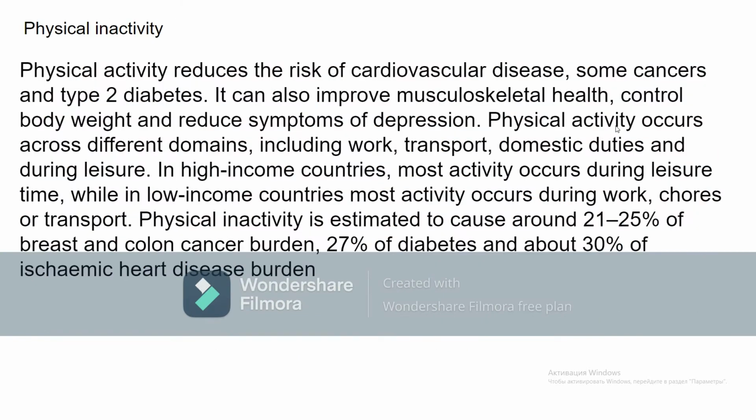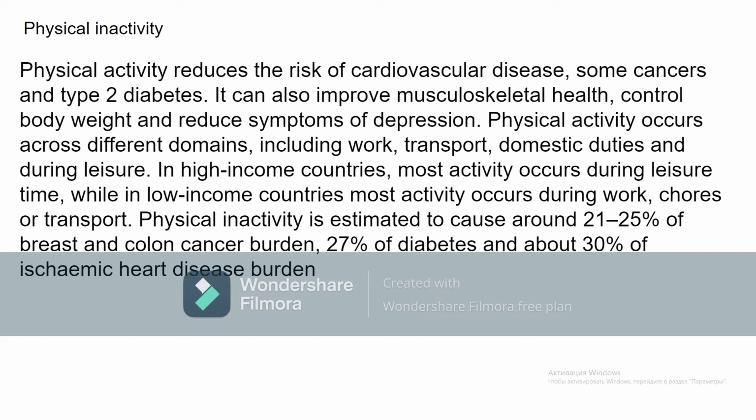Let's talk about physical inactivity. Physical activity reduces the risk of cardiovascular disease, some cancers, and type 2 diabetes. It can also improve musculoskeletal health, control body weight, and reduce symptoms of depression. Physical activity occurs across different domains, including work, transport, domestic duties, and during leisure.